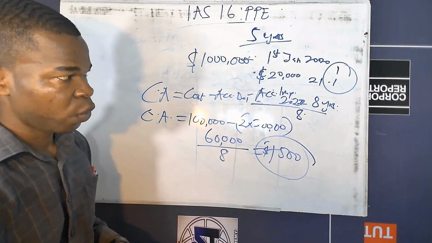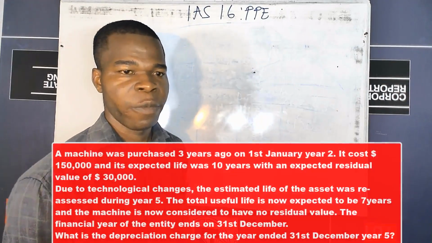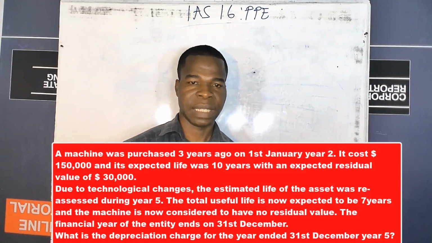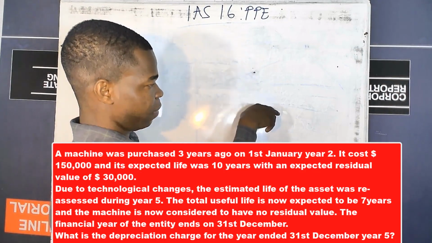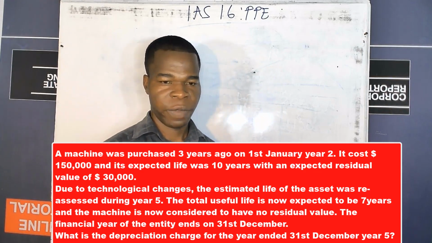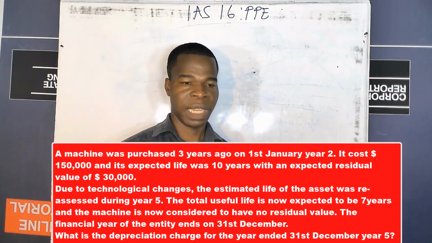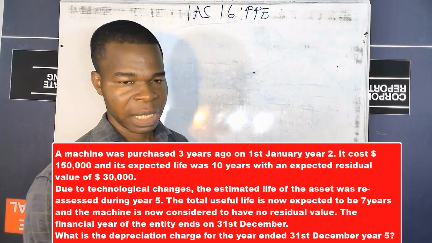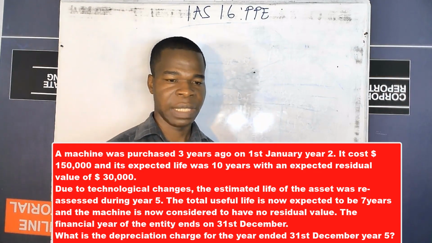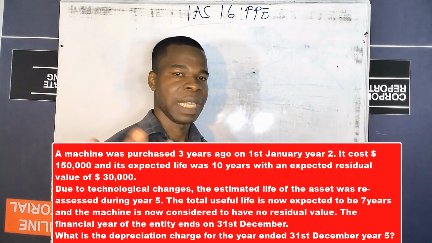That is the review of the useful life. So let's look at the next question under the review, which will also help us to understand the concept very well, what I was talking about earlier. They said a machine was purchased 3 years ago on 1st January year 2. It cost 150 and is expected to last for 10 years with an expected residual value of 30,000. Due to technological changes, the expected life of the asset was reassessed during year 5.